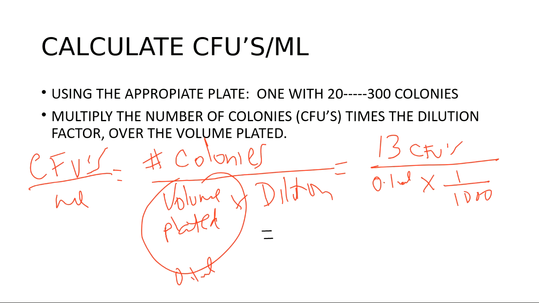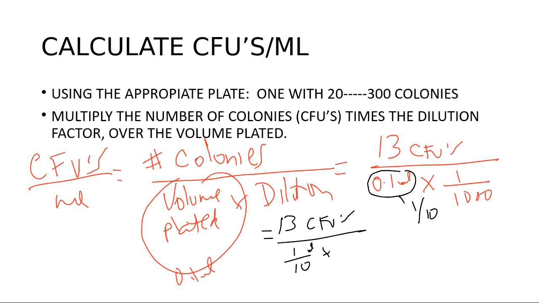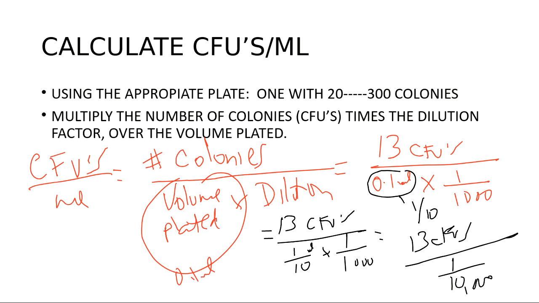This right here is essentially a 1/10. So now we have 13 CFUs over 0.1 mils times 1 in 1,000. So 13 CFUs over 1 in 10,000. Okay. Let me clean this out a little bit.